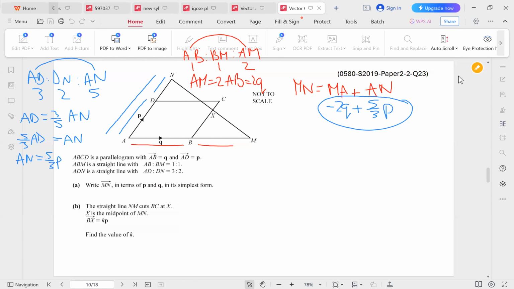So first of all, you are given that BX is equal to KP. So you need to find another path from B to X. So you have this path here from B to M and then from M to X. So let's write down BX as BM plus MX.